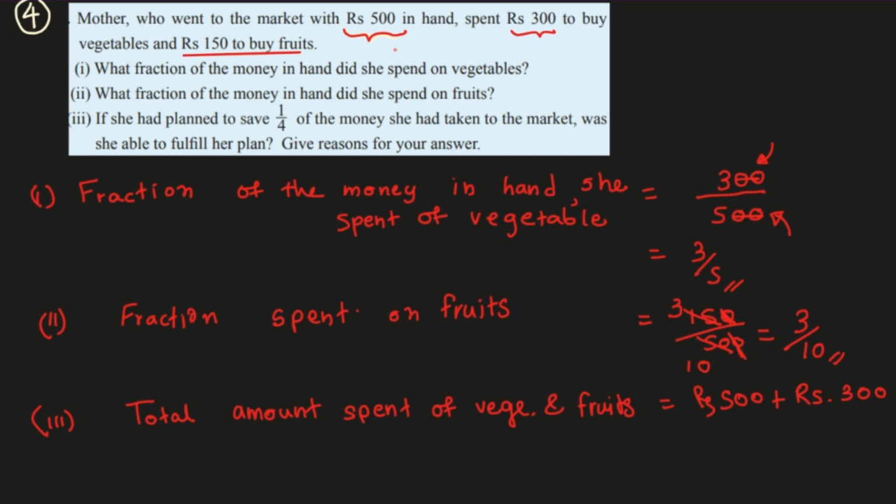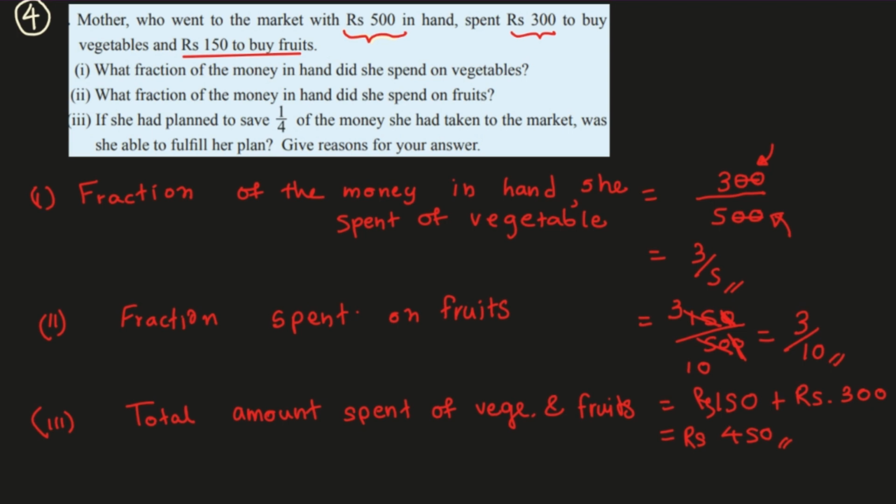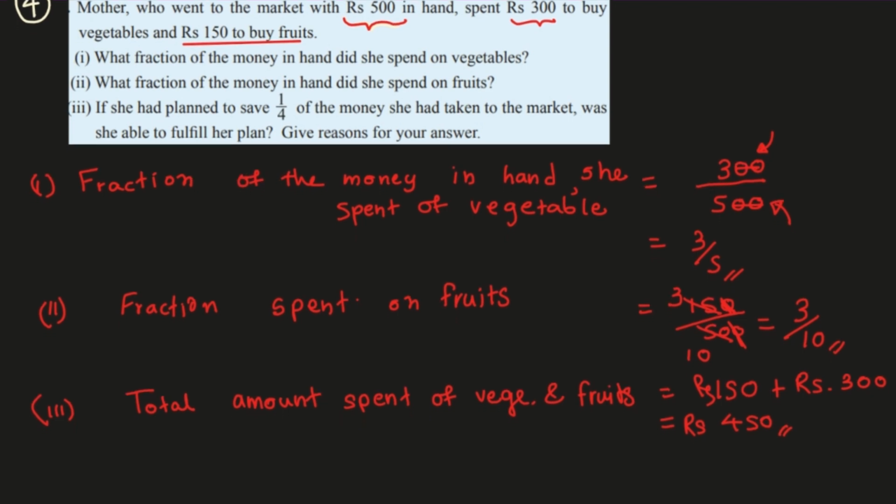It's 300 and 150. Sorry for that. So it's 150 plus 300. So what's the total amount that she had spent? It's 450 rupees already spent on vegetables and fruits, and she's planning to save one fourth of the money that she took to the market.